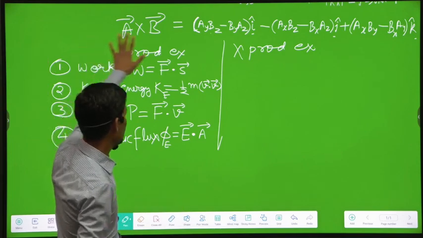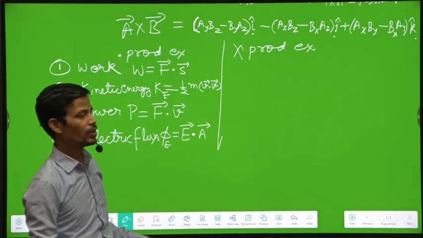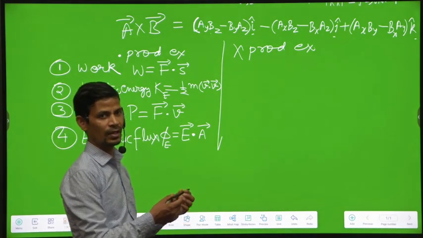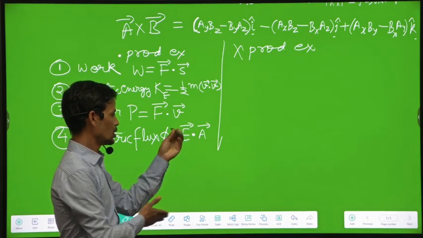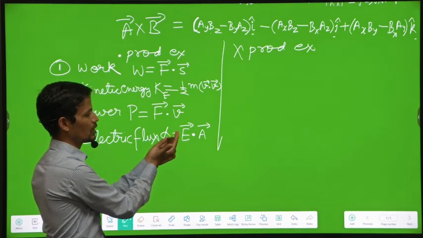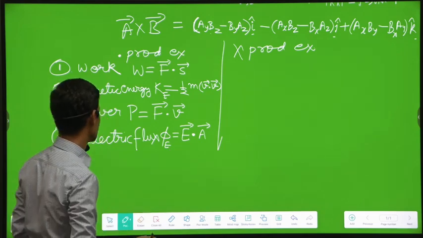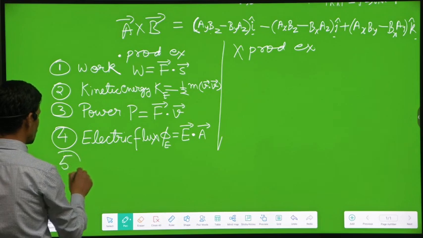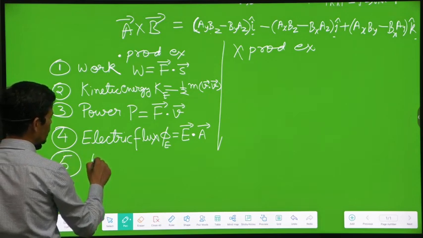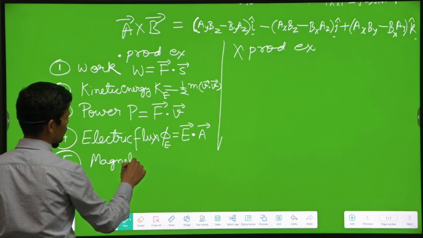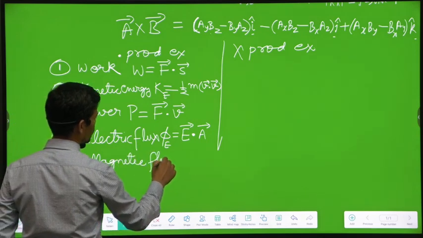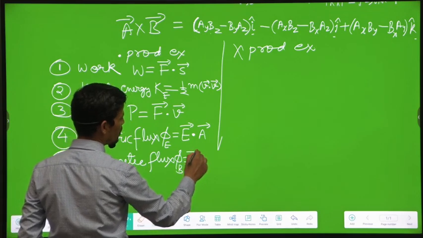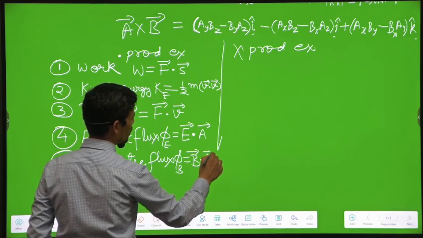Like if I calculate the area of this board, its direction will be normal to its surface, and arbitrarily if we choose its length into breadth, it will come out. So that is why area is a vector. Fifth, magnetic flux, phi b, b is for the magnetic field vector dot a.